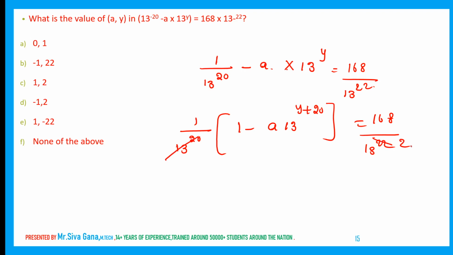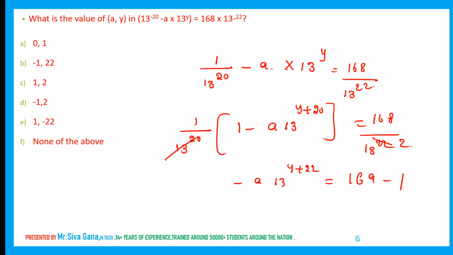That is cool. Cross multiply. 13 square minus a into 13 square, that is 13 power y plus 22, is equal to 168, which can be written as 169 minus 1. This is also 169.